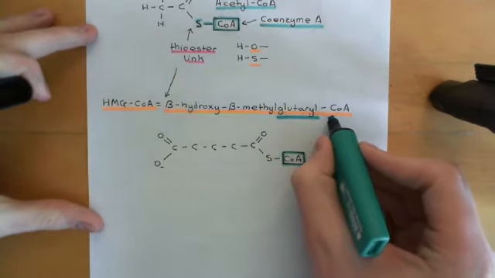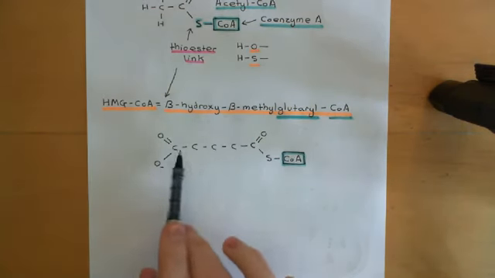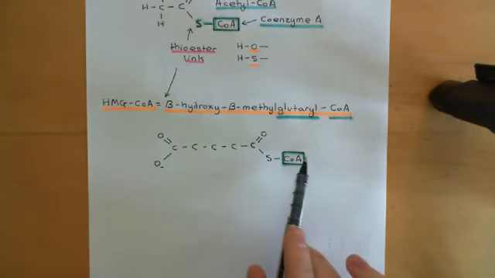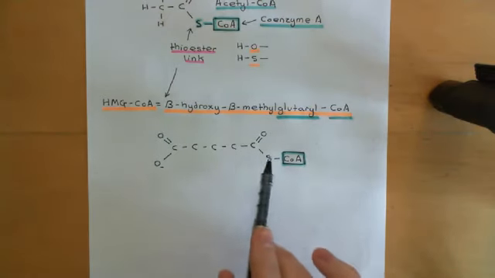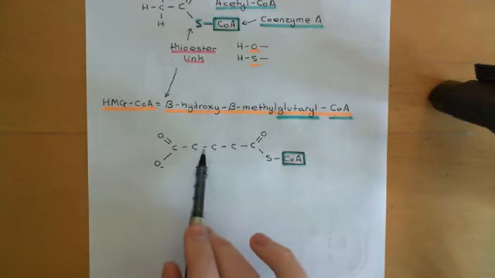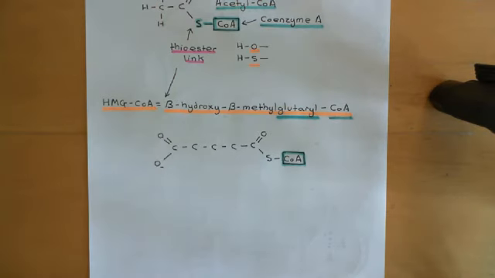So glutaric acid is just a 5-carbon molecule where you have carboxylic acid groups at both ends, and if we were just drawing pure glutaric acid we wouldn't have this CoA on here for a start, but we would have hydrogens coming off these free carbons and saturating them, so each carbon would have 2 hydrogens.